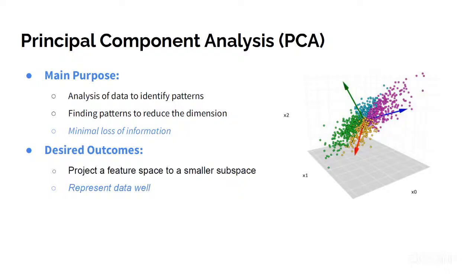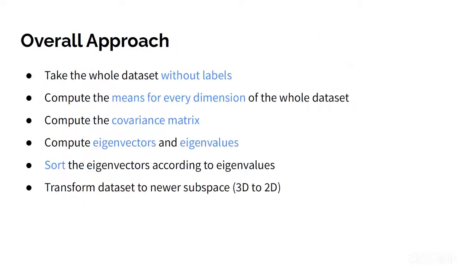Maybe in 4 dimensions it's able to separate well. It should also be the case that in 3 dimensions or 2 dimensions, when you reduce the number of features, it should also be able to separate the classes well. So this is the overall approach. You take the whole data set without labels because this is an unsupervised learning approach.